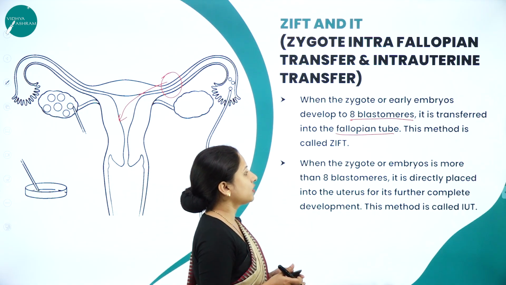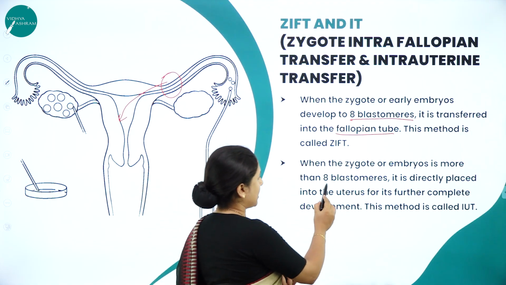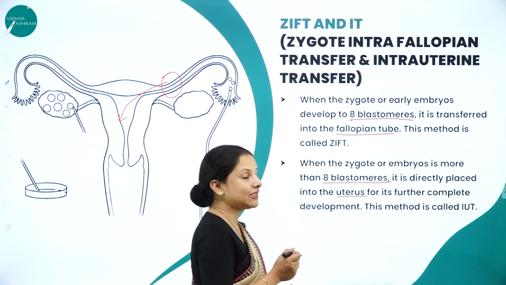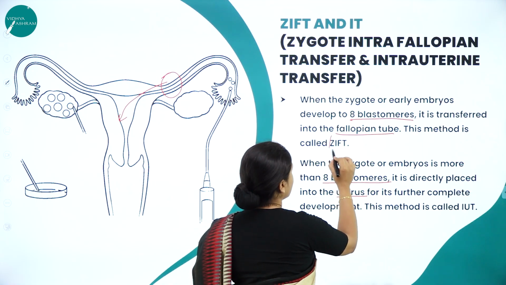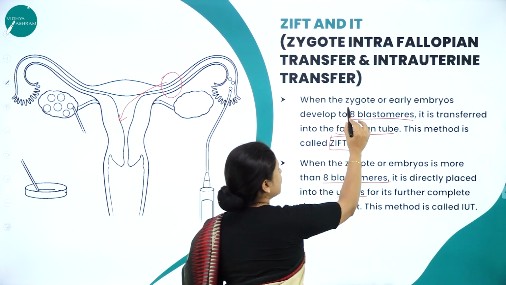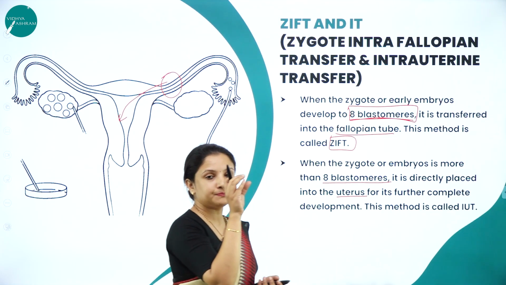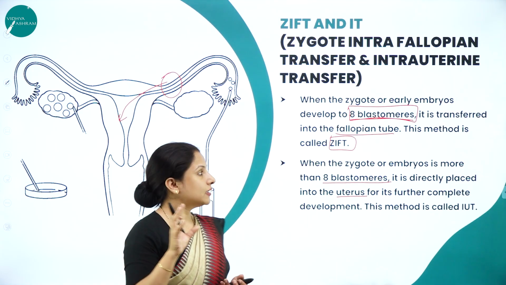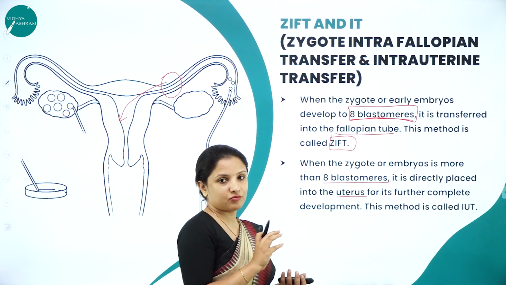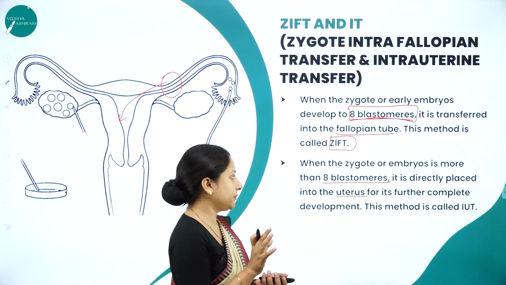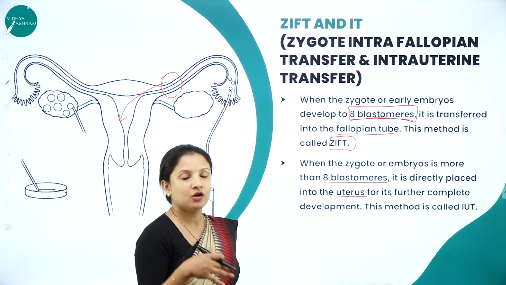When the zygote or embryo is more than 8 blastomeres, it is directly placed in the uterus. That is called intrauterine. In ZIFT, when the zygote is at the 8 cell stage, it is put in the fallopian tube. But in intrauterine transfer, the zygote will not be at the 8 cell stage, but at either the 16 cell stage or 18.